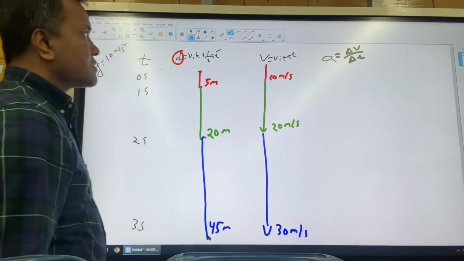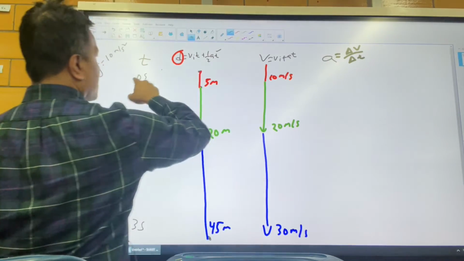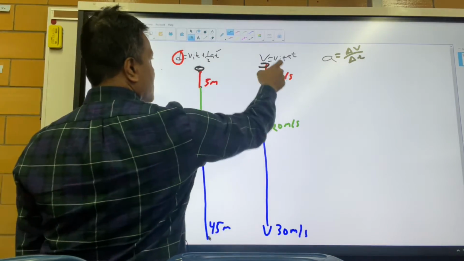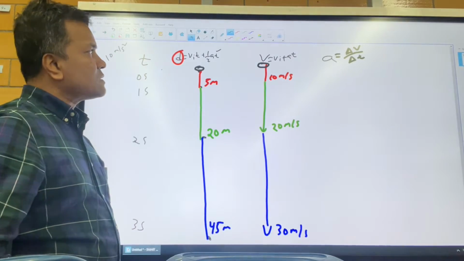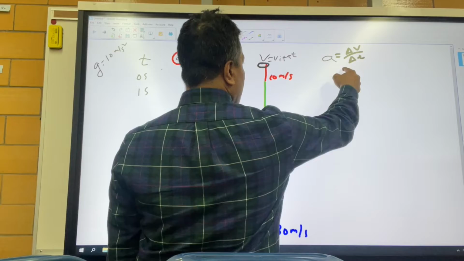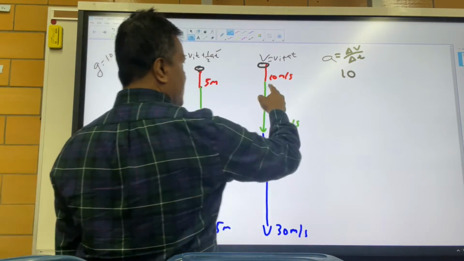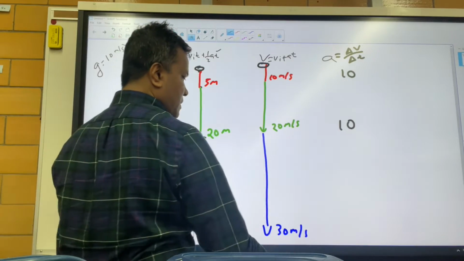The initial velocity is 0. So delta v, 10 minus 0 divided by 1, is 10. So acceleration is 10. 20 minus 10 divided by 1 is 10. 30 minus 20 divided by 1 is 10.